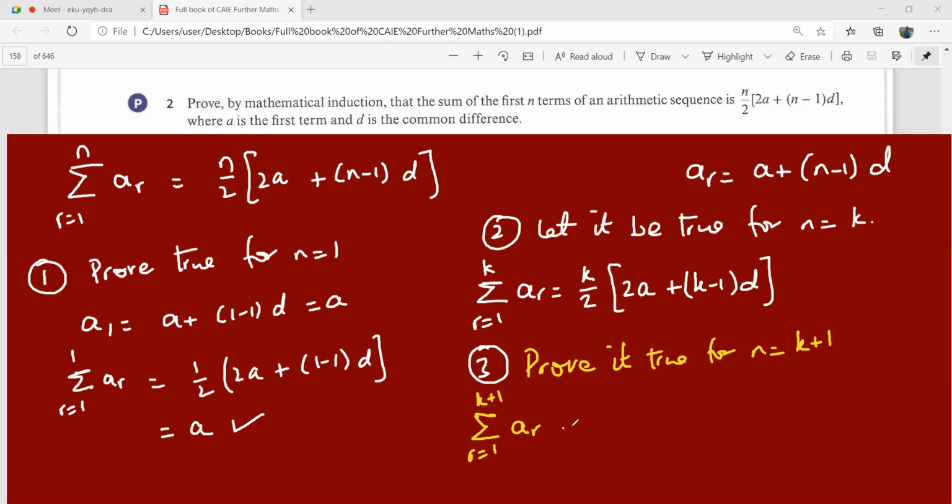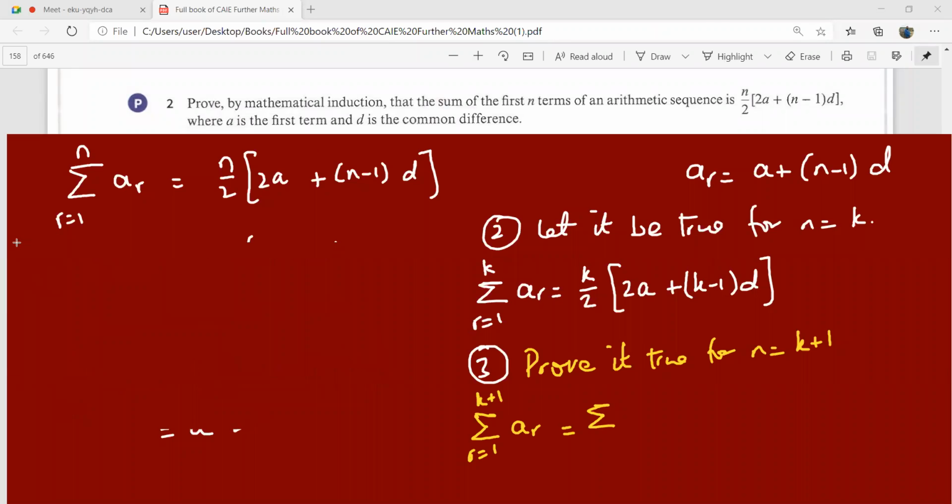Now there's one thing you should be making up your mind about: what should your proof look like.